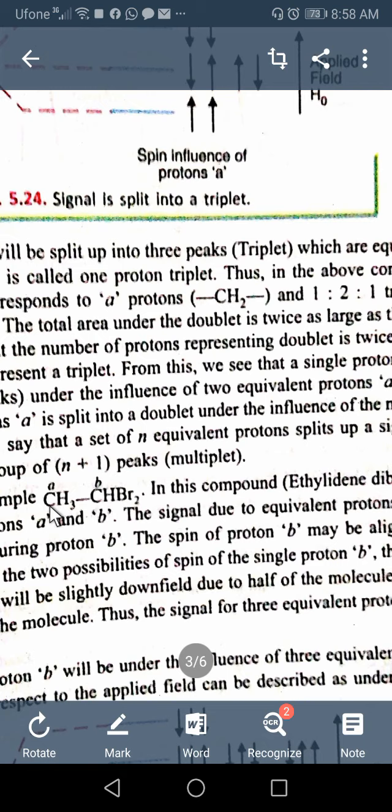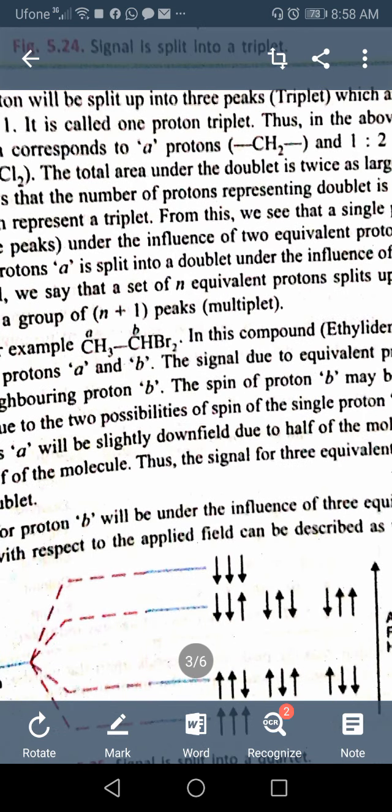It has three non-equivalent protons on the adjacent carbon atom, so n is equal to 3, and the number of lines will be n+1, so 3 + 1 is equal to 4, a quartet. The peak of the CH will be split up into a quartet.